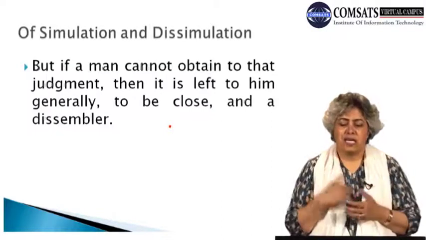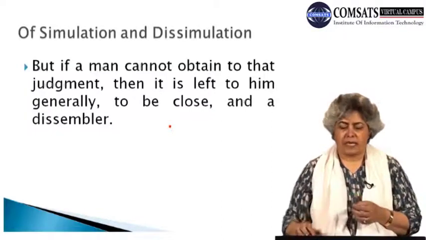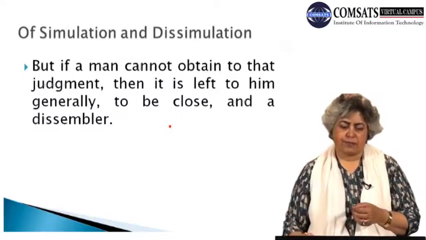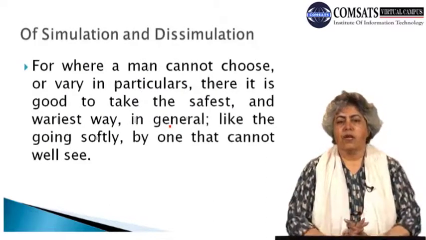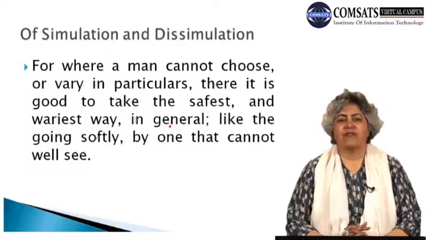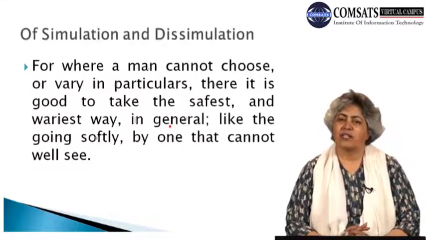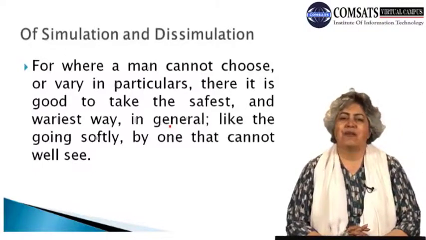So let's see how Bacon explains these two terms. For where a man cannot choose or vary in particulars, there it is good to take the safest and wariest way in general, like the going softly by one that cannot well see.